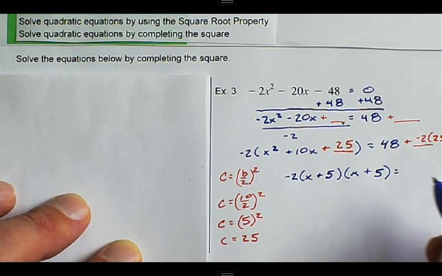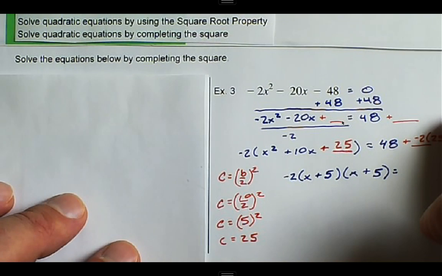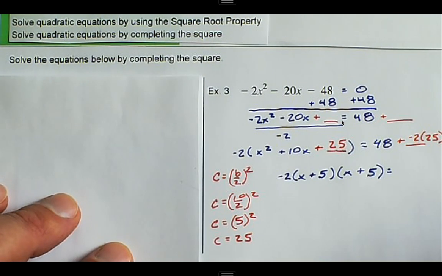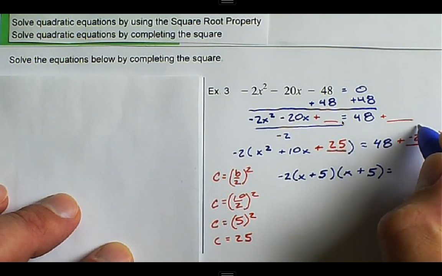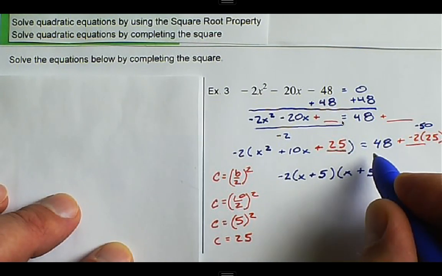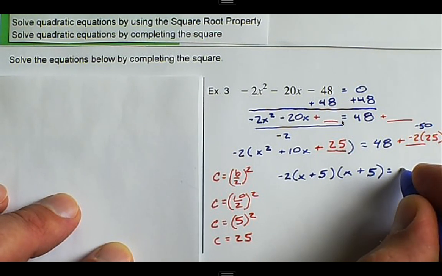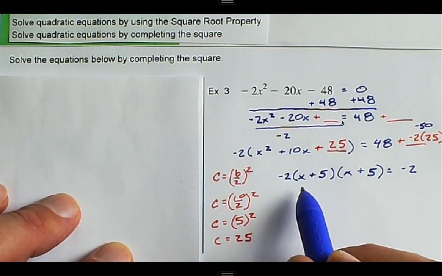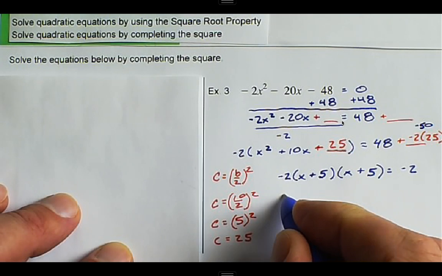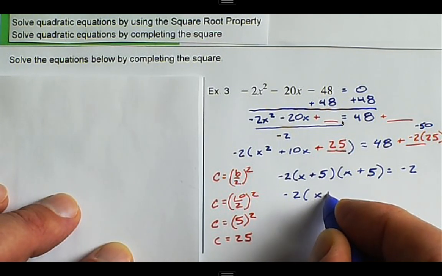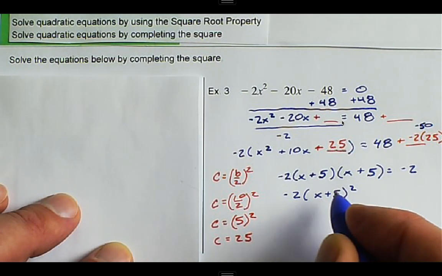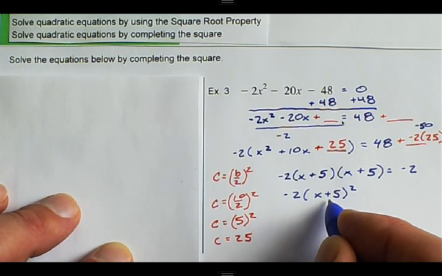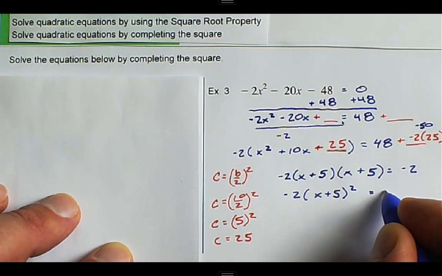And that is going to be equal to -2 times 25, which is -50. 48 minus 50 is equal to -2. Now we can rewrite this, and so we have -2 times x plus 5 quantity squared, because x plus 5 times x plus 5 is x plus 5 squared, and that is equal to -2.